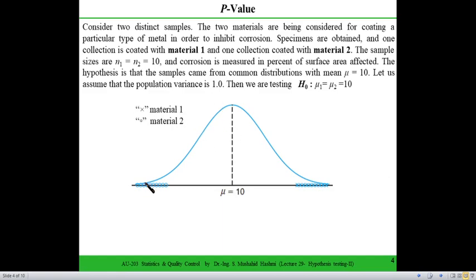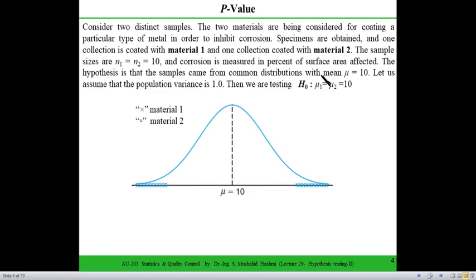Material 1 is represented by crosses, where most of the values are far greater than 10, and material 2, represented by circles, has a mean of 10% of the surface area being corroded. So it is far less than 10%. So 10 is the prior claim, and the two populations are on the left-hand side and the right-hand side of the distribution.